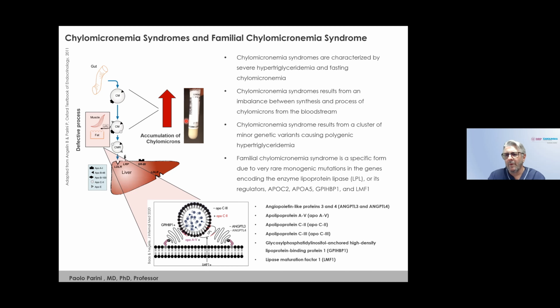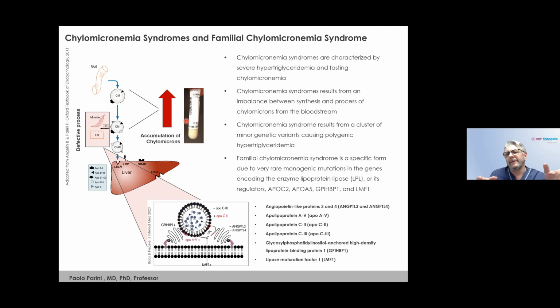As I said before, the process from when chylomicrons are synthesized, appear in circulation, and go to the liver is very rapid, minutes. It means that in a normal person after an overnight fast, there is no chylomicron in circulation. That's why we also ask to draw blood after an overnight fast.